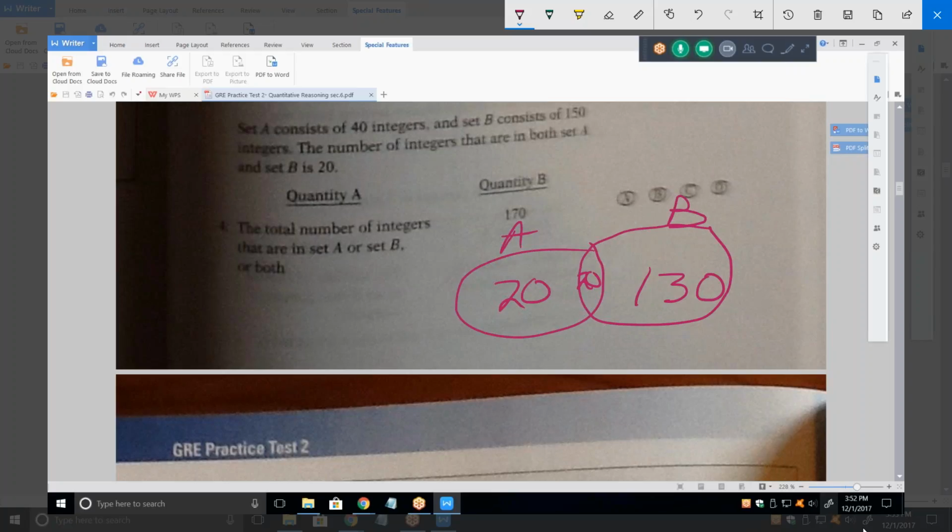So if it's just set A, quantity B is bigger. If it's just set B, quantity B is still bigger. But if it's both set A and B, oh, but that's just the 20, right?